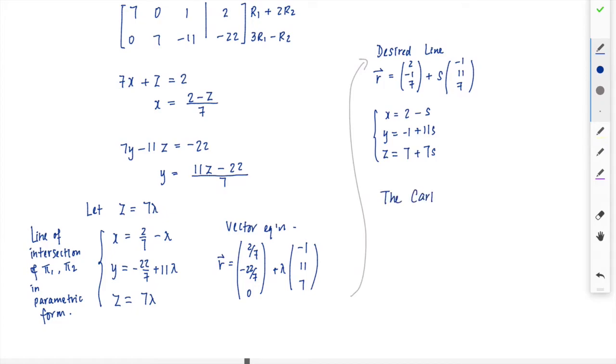Okay, let me write this out. The Cartesian form is, okay, so s is 2 minus x equal to y plus 1 over 11 equals, isolating s in the z line, z minus 7 over 7. Okay, so, and this is what we're looking for.